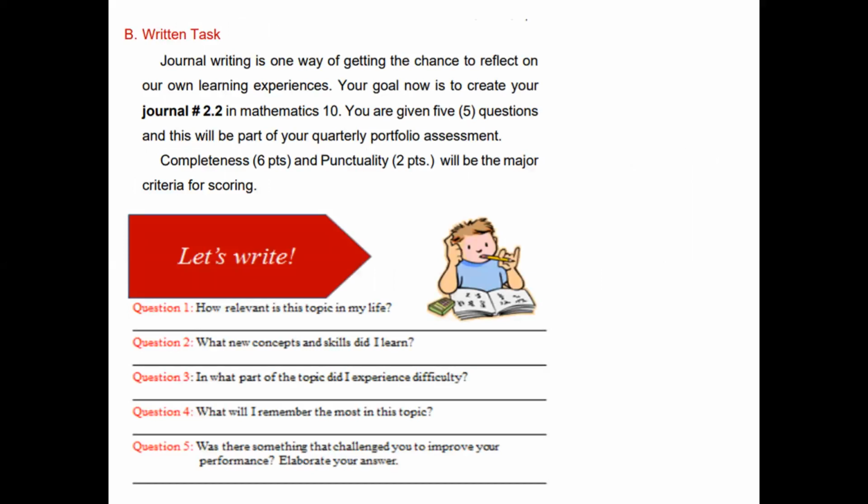So ito yung binigay na written task ni teacher. How relevant daw is this topic in your life? What new concept and skills did I learn? In what part of the topic did I experience difficulty? Maybe difficulty sa pamimili ng methodology or ng gagamitin na method sa pagsasolve ng problem. O kaya inexperience.